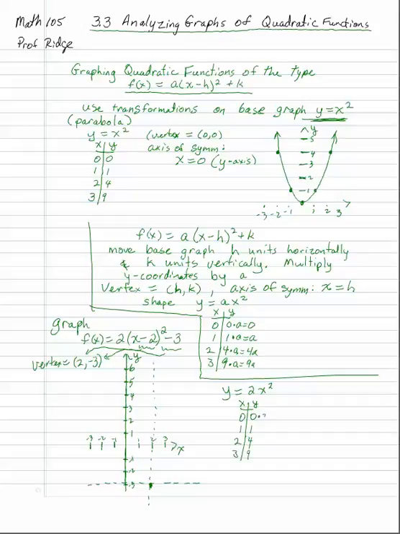And then you're going to take all the y coordinates and multiply by a, which in this case is 2. So the points that I'm going to plot are (0, 0), (1, 2), (2, 8), (3, 18). Well, I'm not going to plot that one because I don't have enough room on my graph.